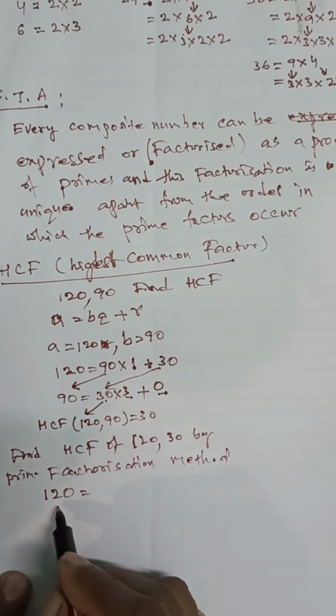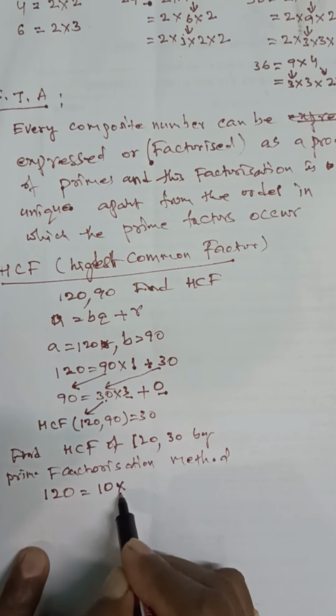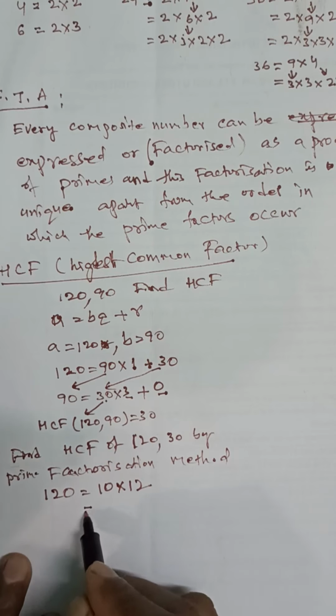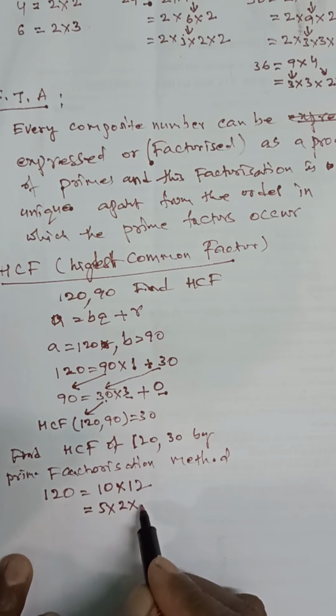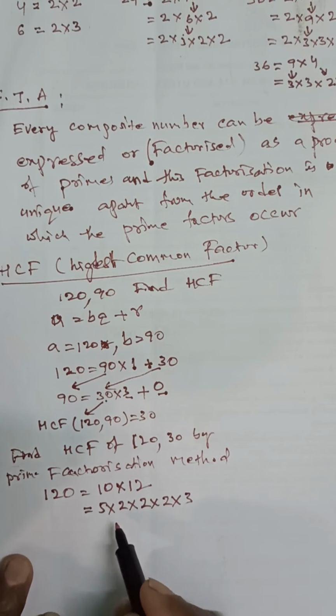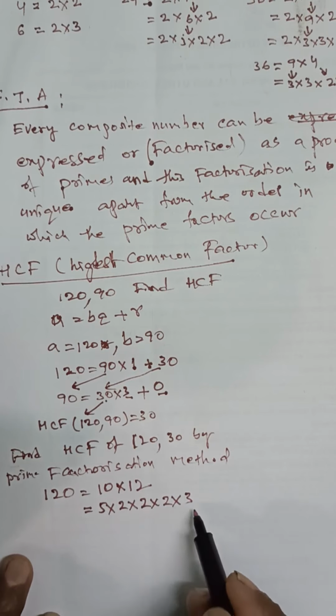120 we can write as 10 into 12. Again we can write 10 as 5 into 2, and 12 as 2 into 2 into 3.